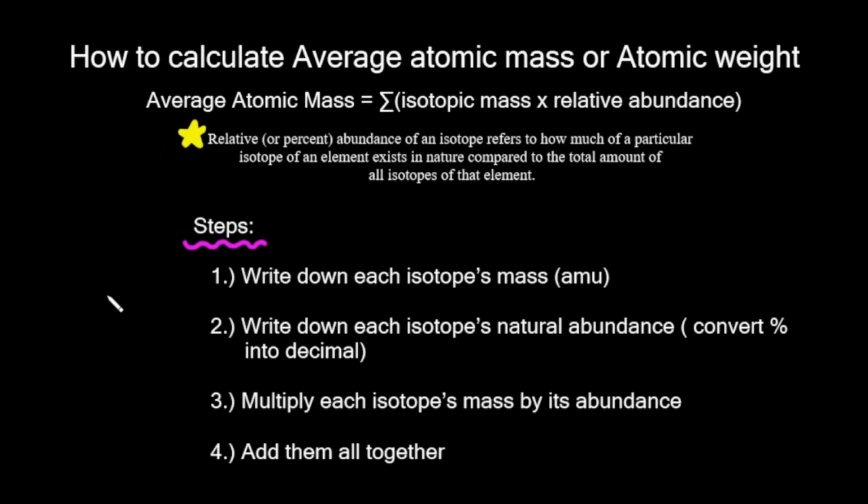If the abundance is given as a percentage, convert it to a decimal by dividing your percentage value by 100, or by moving the decimal two places to the left. Then multiply each isotope's mass by its decimal abundance. Finally, in the last step, add the results together. The sum of the values is the average atomic mass.